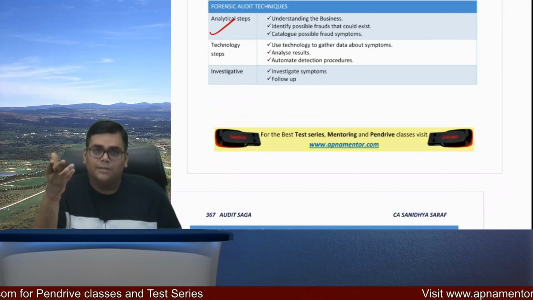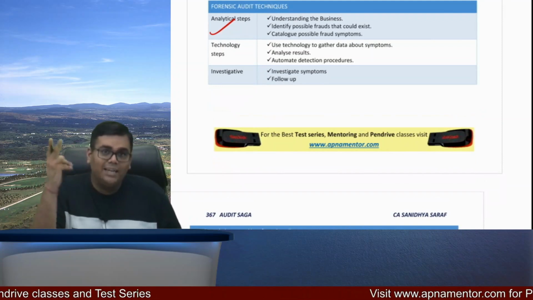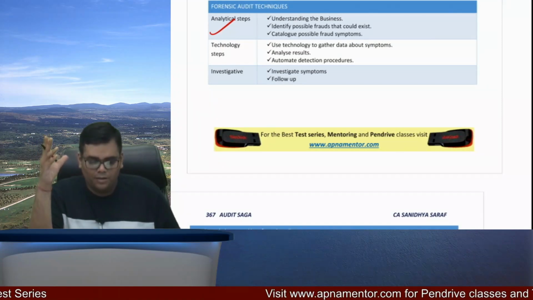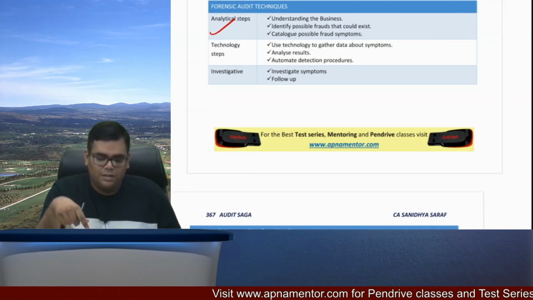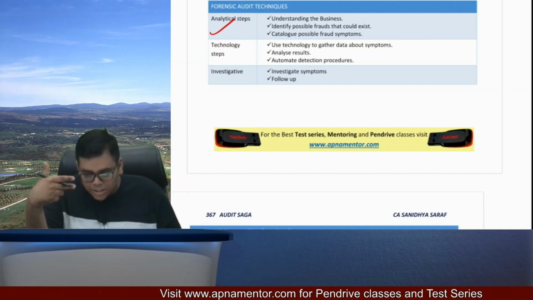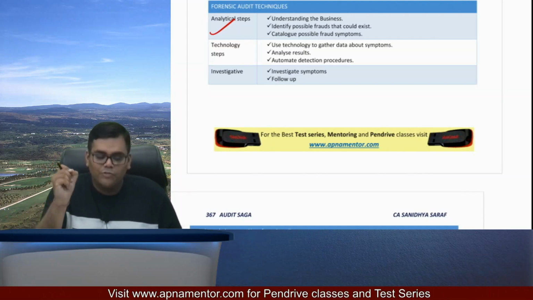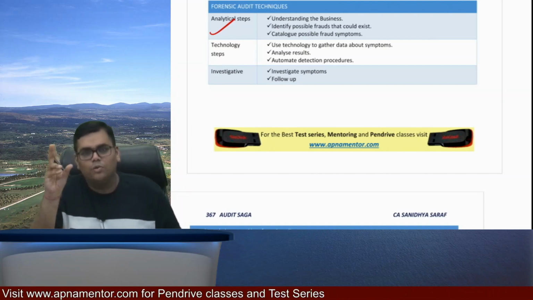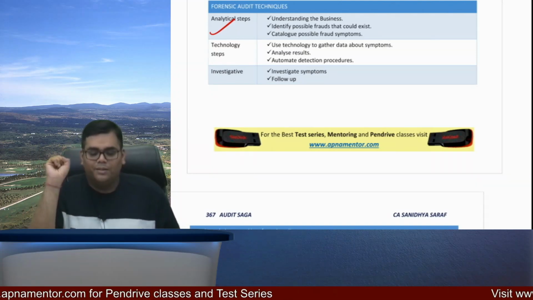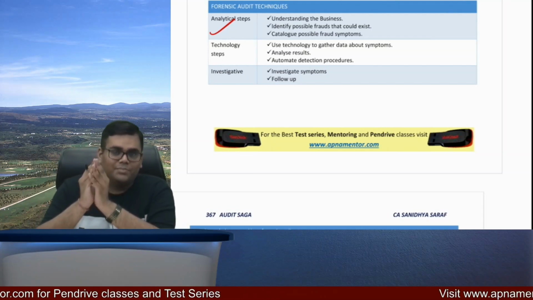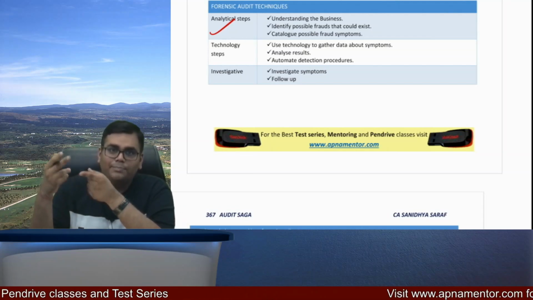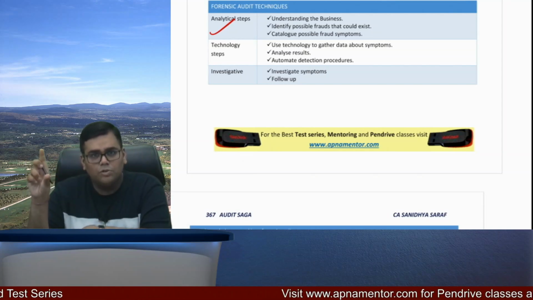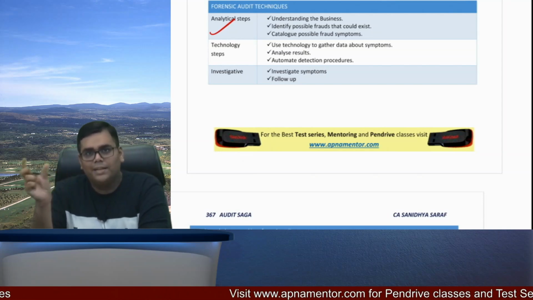Technology ko use karna. For example, if you see the movie Asur, that entire data system of NIS, National Information Center, was hacked. Analyzing the results. Automatic detection procedures. If you see the movie Asur, this complete technology step you can understand. What happened is, to identify who is the villain, they use technology. That person was killing people on the basis of some kind of nakshatra they have, the name and the date of birth.